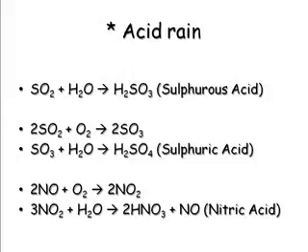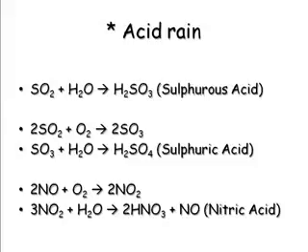I said there was a footnote to chemical weathering, which is simply to point out that it generally includes acid rain, but there is more than one type of acid rain. In fact, acid rain can be a mix of different types of acid. I'm not going to go through what's on screen in detail because you don't particularly need to know it, other than to point out that the use of fossil fuels in car exhausts and thermal power stations releases greenhouse gases that include not just carbon dioxide but sulfur dioxide and nitrous oxide.